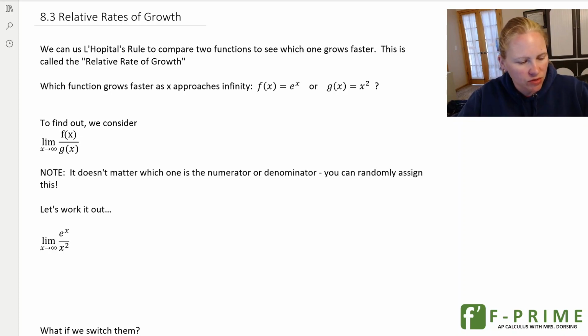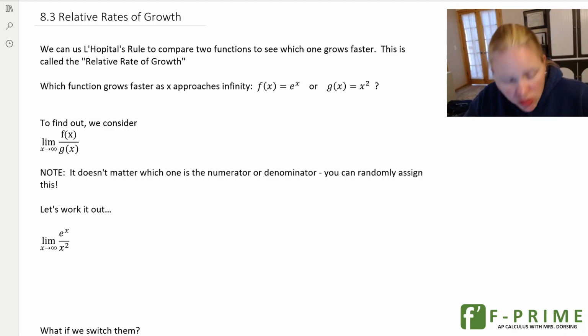So let's see how we do this. Remember, anytime we're talking about faster or slower, we're talking about derivatives. We're talking about which derivative is greater than the other, because the derivative is the rate of change. So if one derivative is bigger than the other, then clearly it must be the faster function.